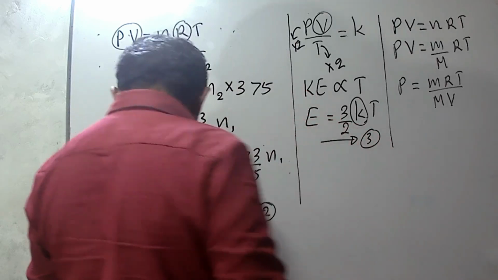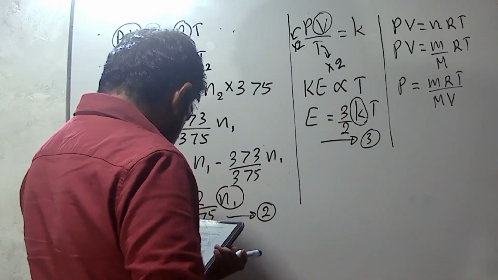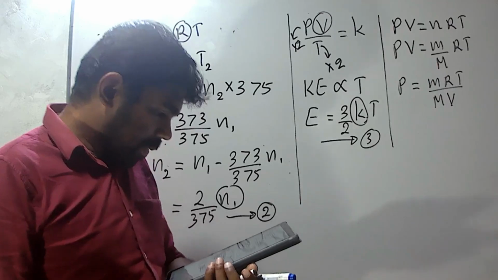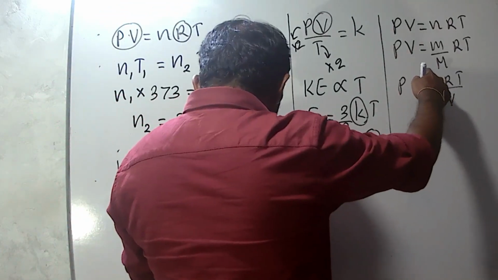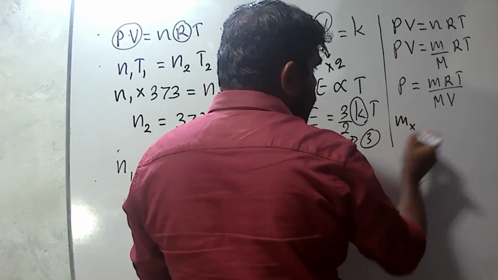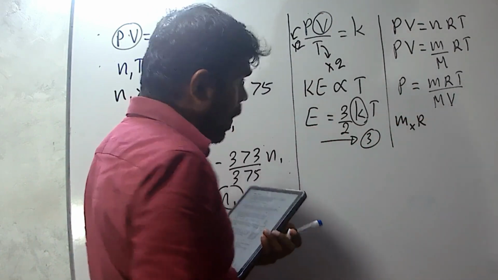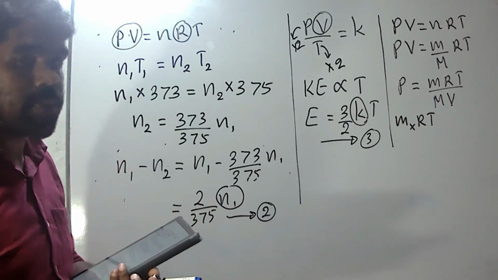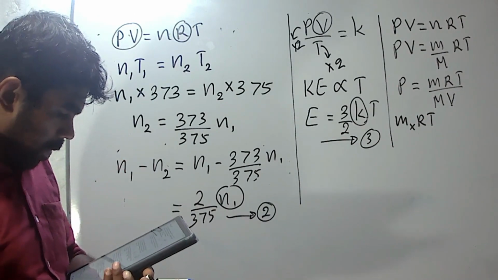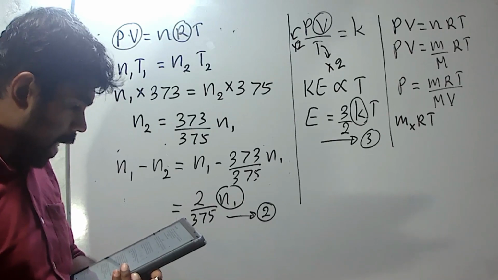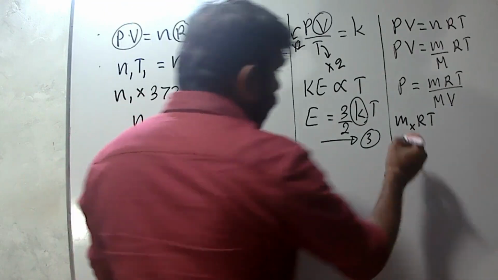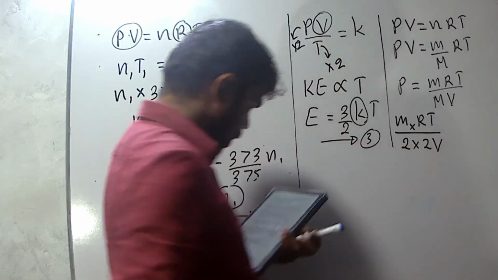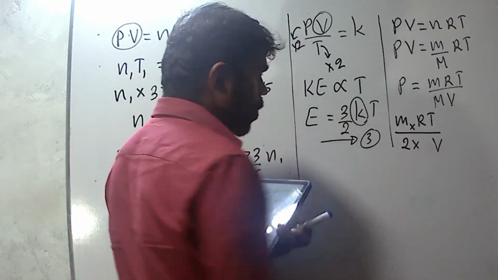Then we can write for the gas in bulb X: mass of gas X, Mx, with R and temperature constant because the two bulbs are in the same water bath maintaining a constant temperature, divided by molar mass of gas X, which is 2, and volume 2V.